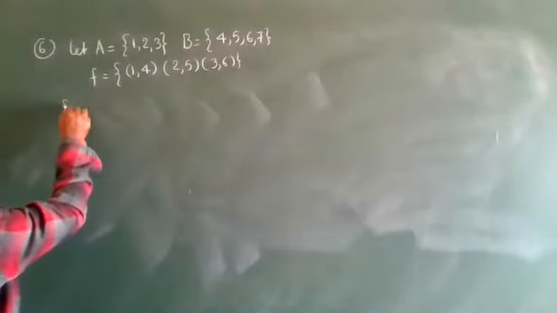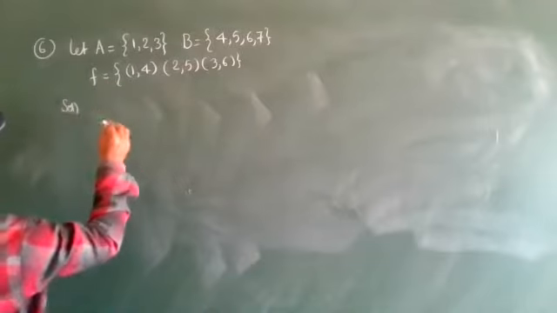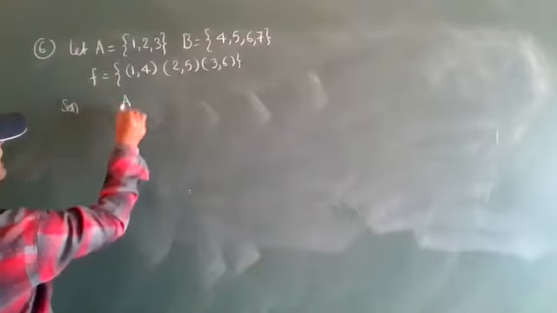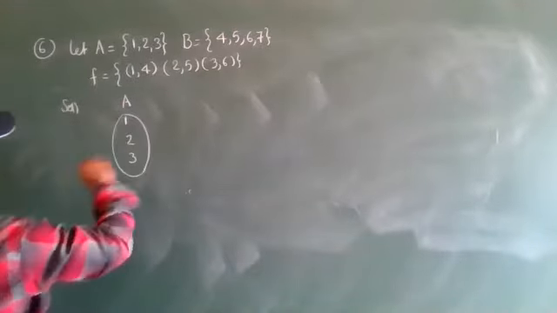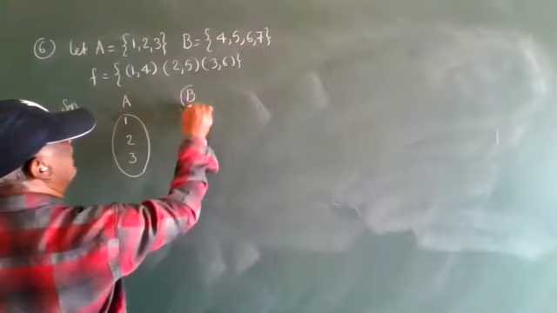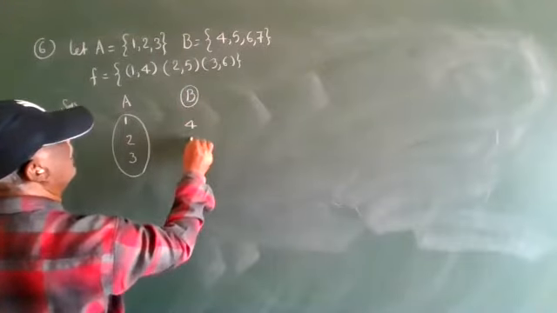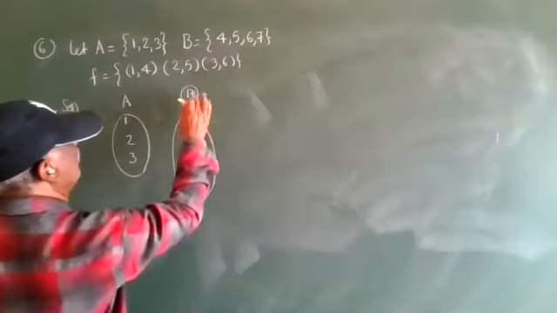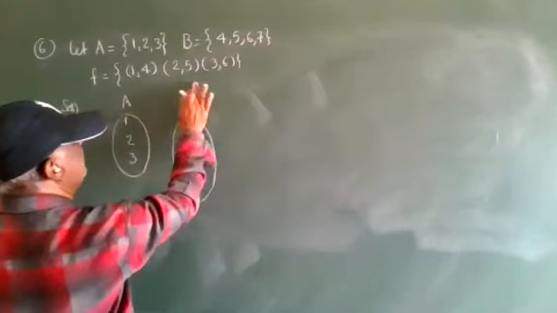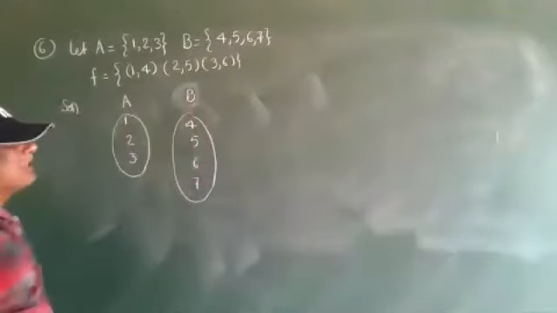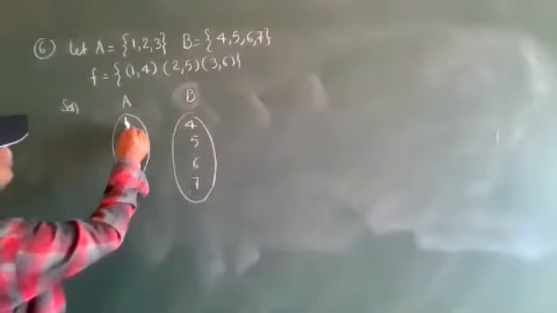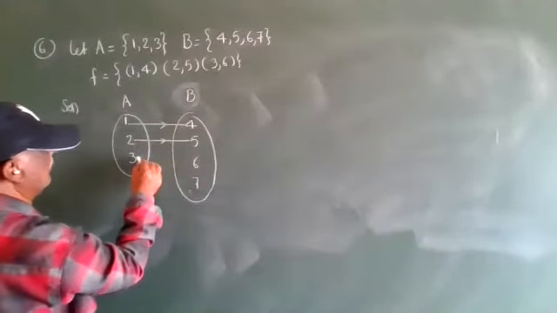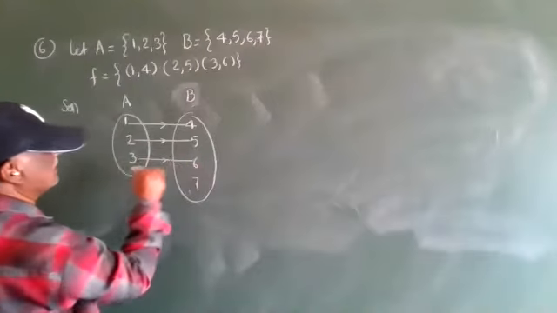I will draw the figure. See, everyone. First, set A is given: 1, 2, 3. And set B is given: 4, 5, 6, 7. 1 has image 4, 2 has image 5, 3 has image 6.